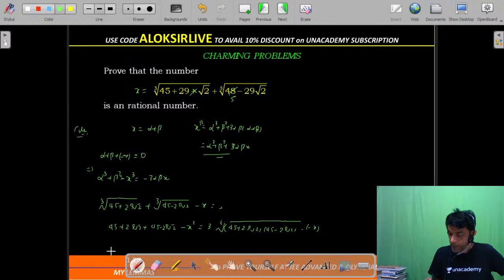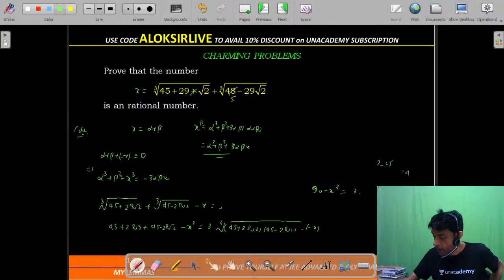Now note that this becomes 90. So you get 90 minus x cubed is 3 times, and this is 45 squared. So 45 squared is 2025 and 29 squared is 841, and times 2 gives you 1682.